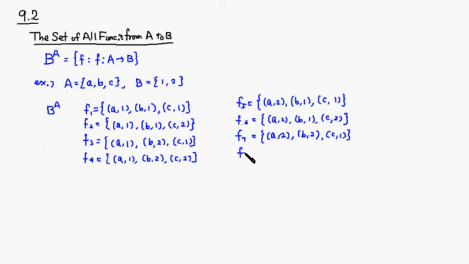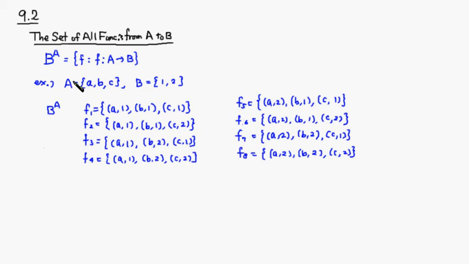And the last possibility would be a is mapped to 2, b is mapped to 2, and c is mapped to 2. So these are all the possible functions.